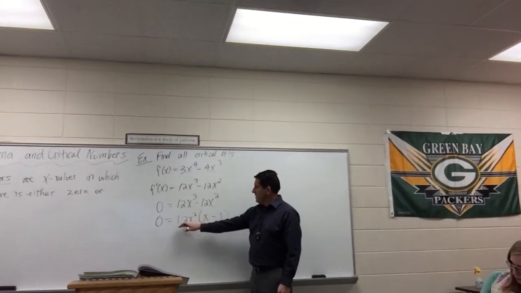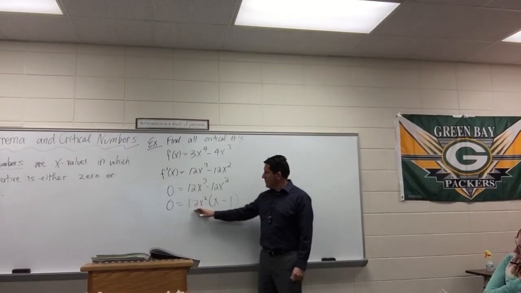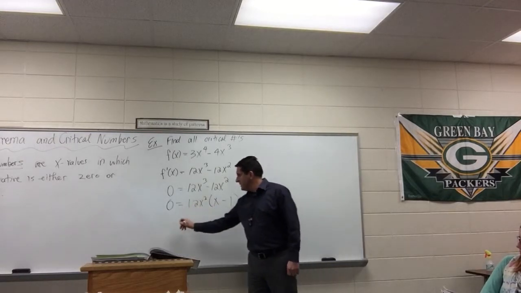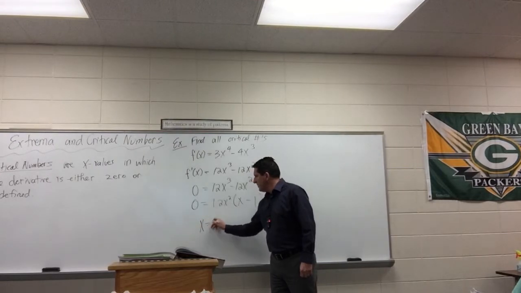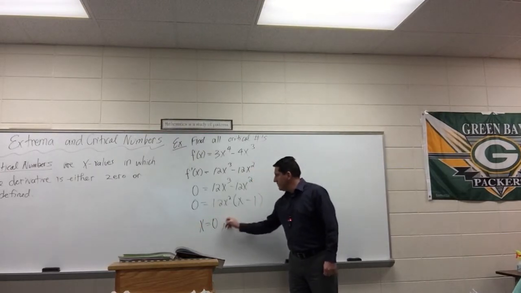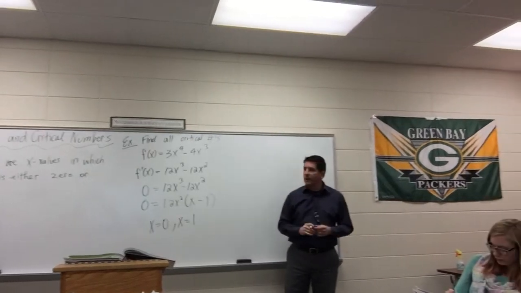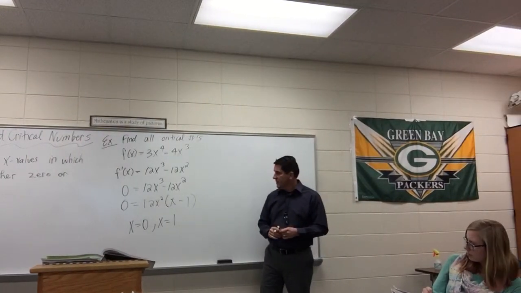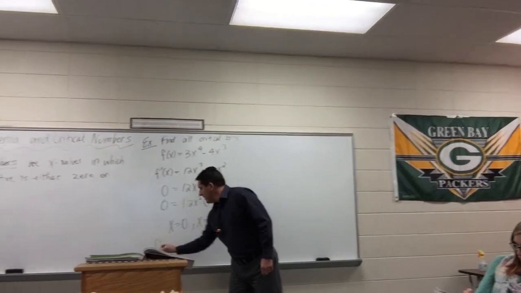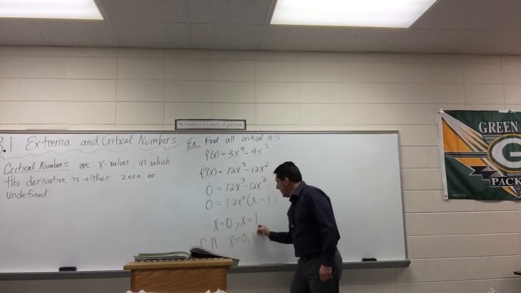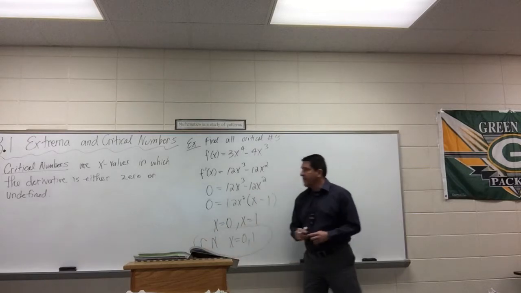So the only way that this expression can equal 0 is either if x is equal to 0 or x is equal to 1. It's the only possible way. So therefore, our critical numbers are x equals 0 and 1 for that problem.